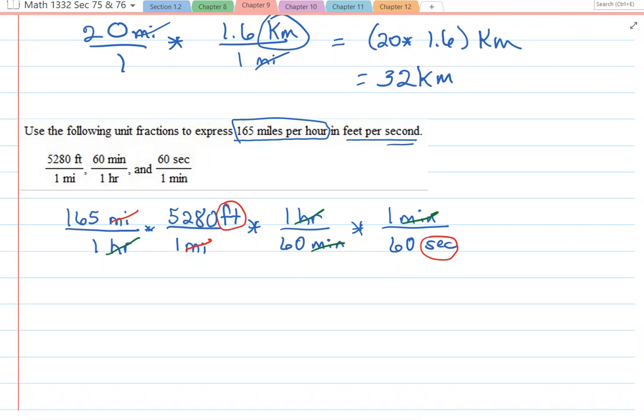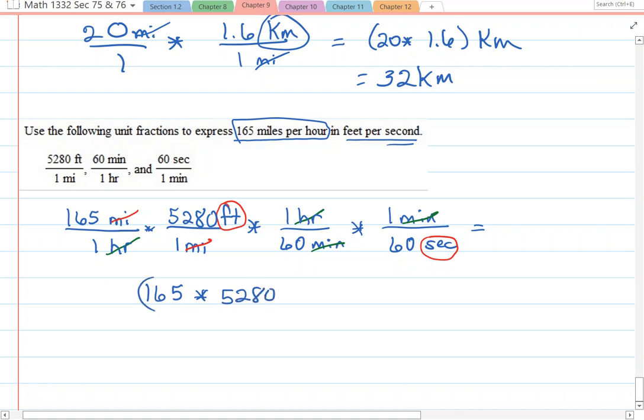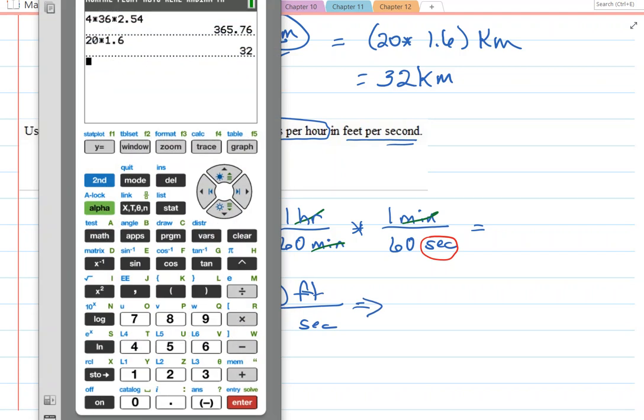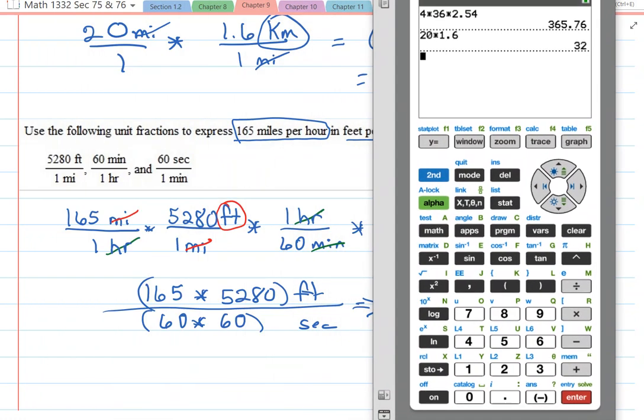Okay. So we're going to do some math now. I have in my numerator 165 times 5,280 feet per, in the bottom I have 60 times 60 seconds. So I have feet per second. Now I'm going to do the math. All right, here we go. Let me move it on this side this time.